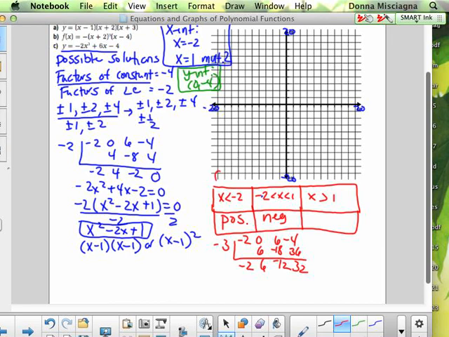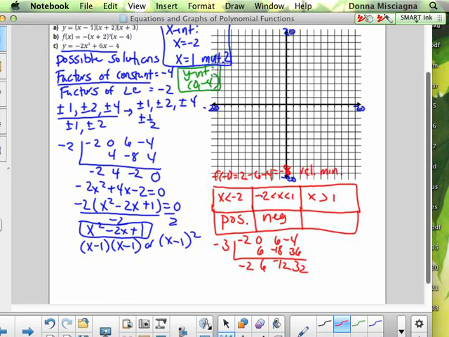So f of negative 1 would be a positive 2. 6 times negative 1, that would be a negative 6, and then a negative 4. So that actually is more extreme, not by much, but this would be negative 8. So that's going to be our relative extreme value. We did get a more extreme value for negative 1 than we did for 0. So this will be a relative minimum.